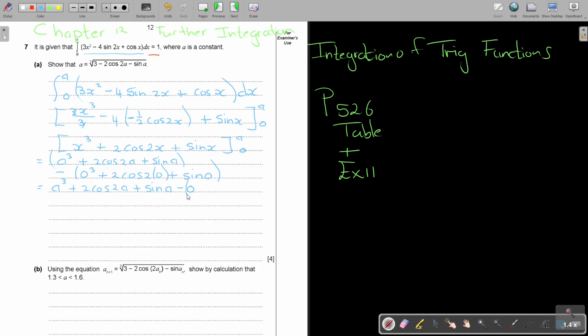What is cos 0? You can even think of the graph. Can you remember the cos graph starts there at 1? So it's 1, and if you multiply by 2, it's going to be 2. And then plus 0, because sin 0 is 0. So be careful not to assume, and even if it's 0, you must still say minus and do that bracket.